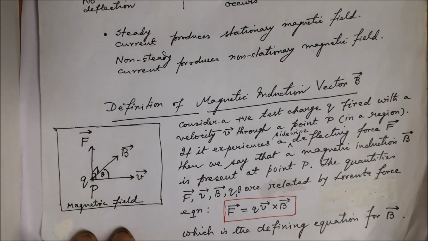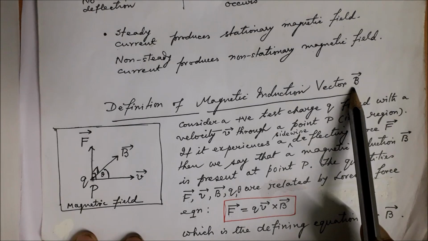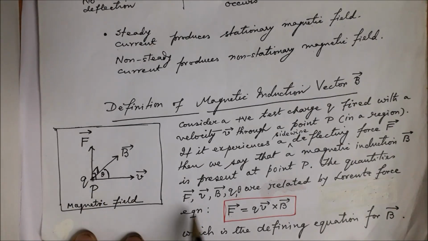So in this description of magnetic field characterized by the magnetic induction vector B, we use 5 quantities: the charge itself, the velocity with which the charge has been projected, the magnetic field characterized by this magnetic induction vector, the influence of B on the charge q, which is F, and the angle which this B makes with v, which we call theta.